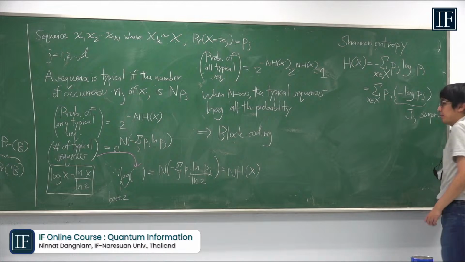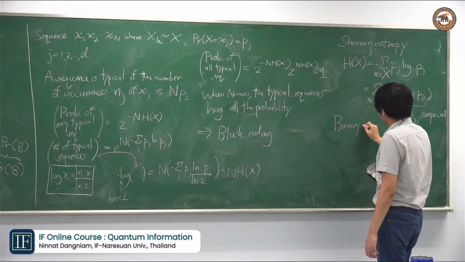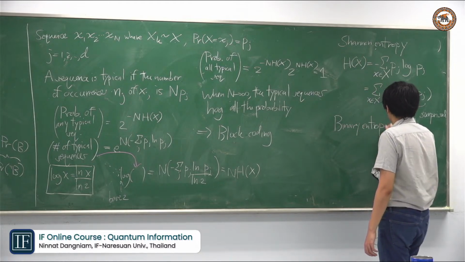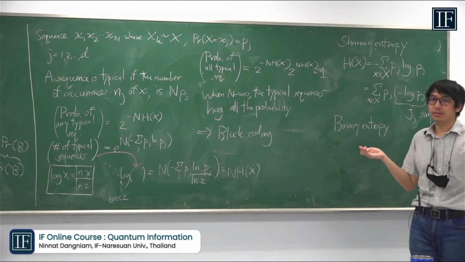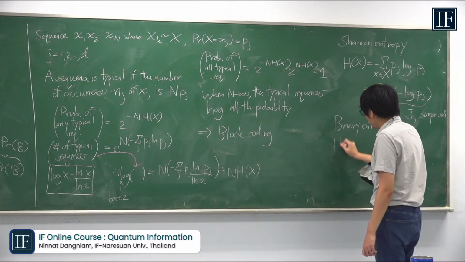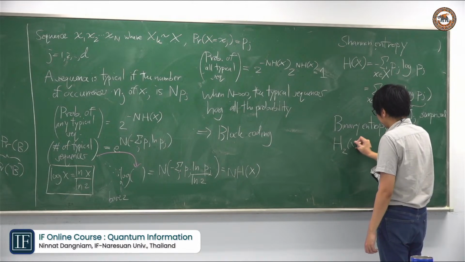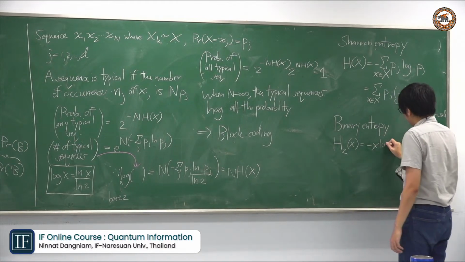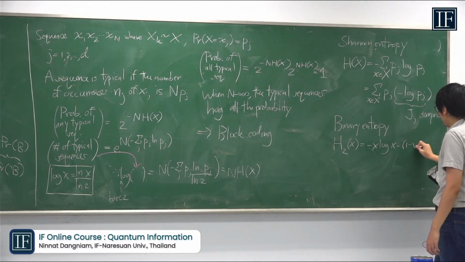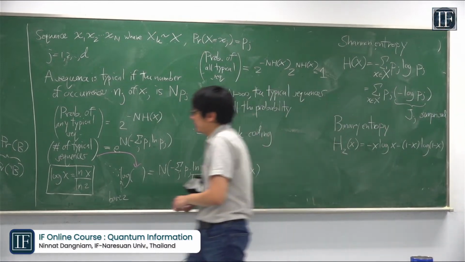So we'll talk about some general properties, but let's look at the simplest case first. The binary entropy is when you only have two alternatives, so I will just denote it as H2. This function is just minus x log x minus 1 minus x log of 1 minus x. So what does this look like?